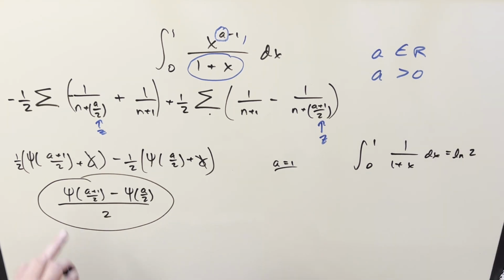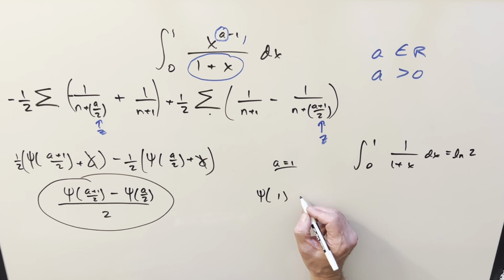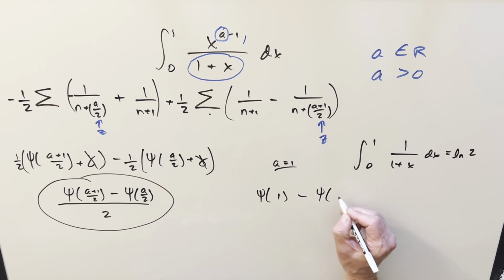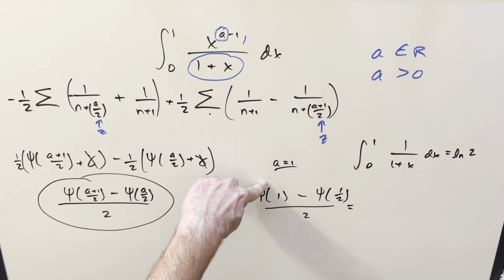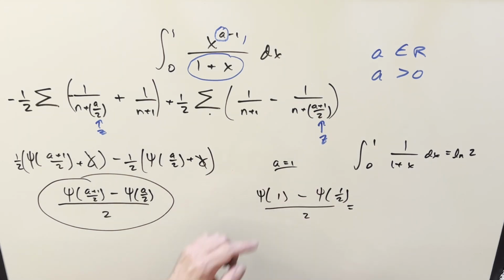So then plugging into our formula with a equals 1, we should be able to get back to ln 2. So let's see what happens. Digamma of (1 plus 1) over 2 is just going to be digamma of 1. So here we have digamma of 1 minus digamma of 1/2, all over 2. It's useful to memorize a few common values for the digamma function. I have a playlist where I calculate some of these values, particularly I know I did both of these, so we'll just use those values.